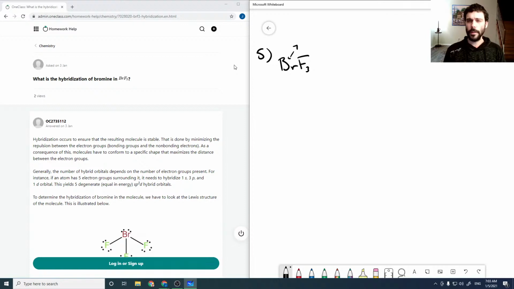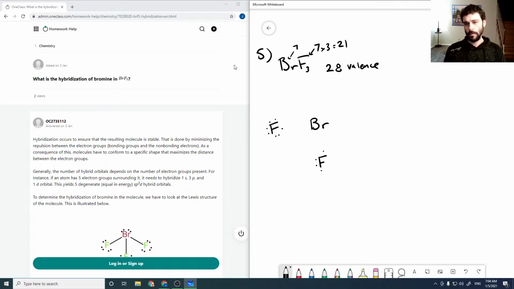We've got 7 valence electrons for bromine, 7 for each fluorine times 3, which is 21. So in total we have 28 valence. Obviously we're going to have to be hypervalent here to fit 3 fluorines around bromine.